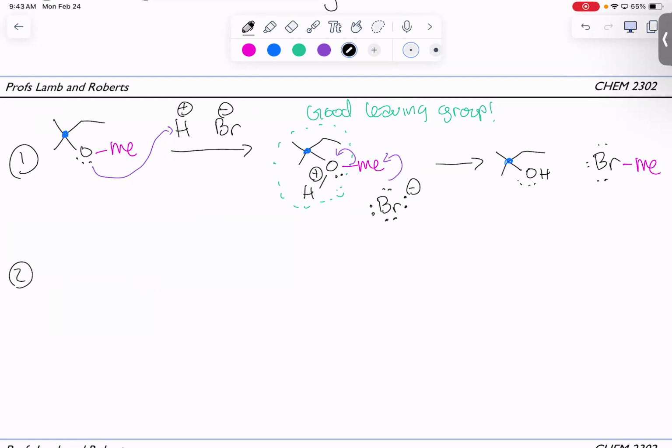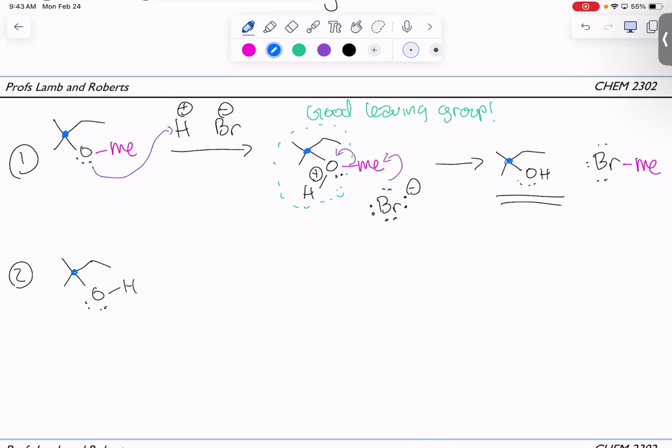All right, so let's get to the second step. All right, so now we have our alcohol that we can carry down. So let's go ahead and have that carried down. All right.